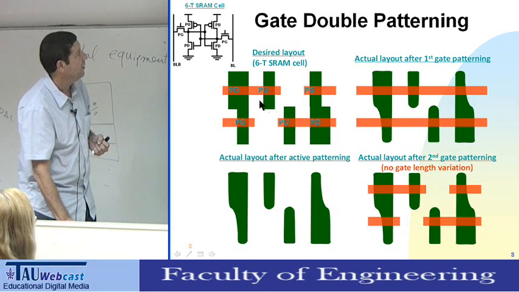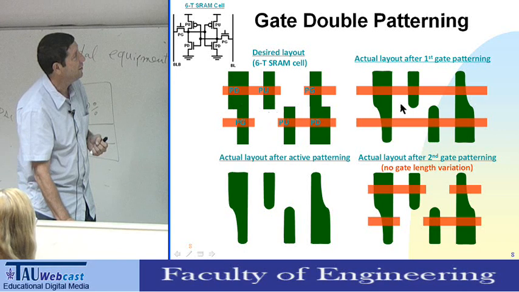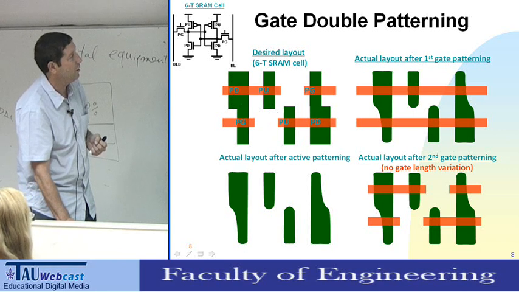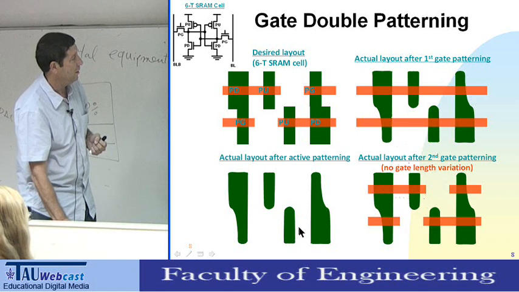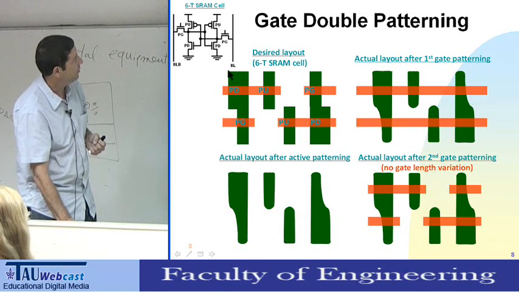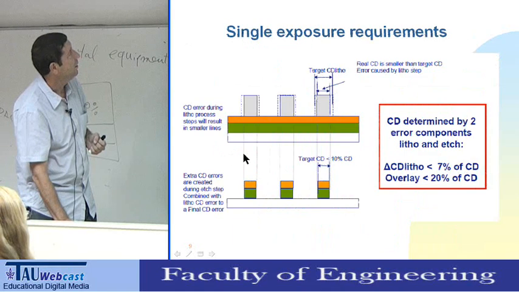And by the way, this is what you have on the mask. This is how it actually looks. Look at this: this is what you want, and this is what you get. Actually, you get some rounding of the structure.